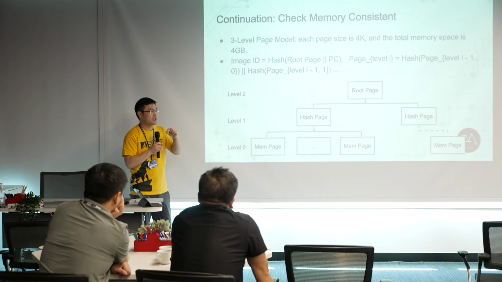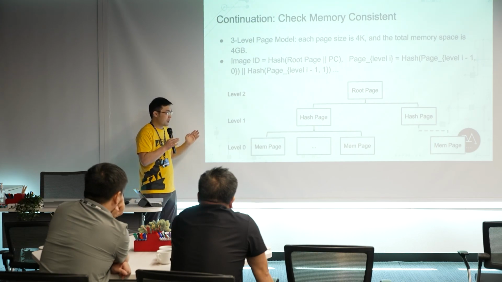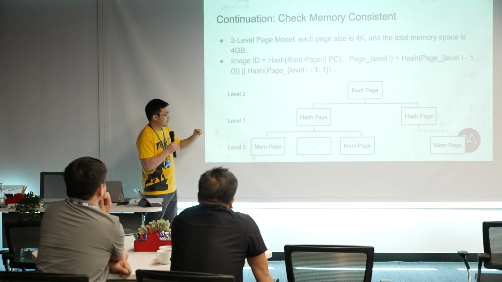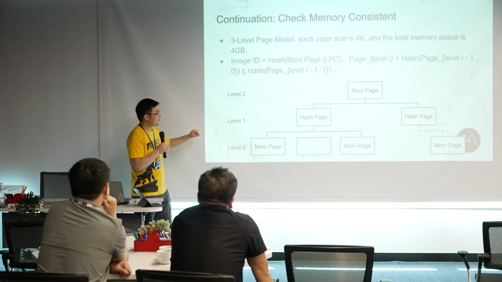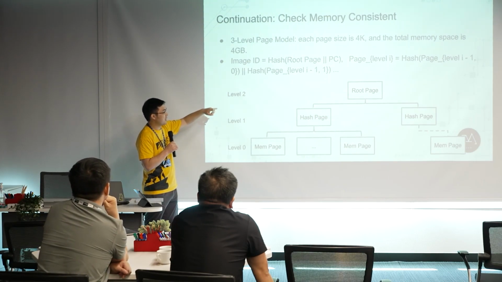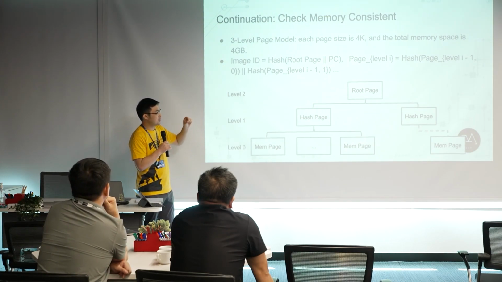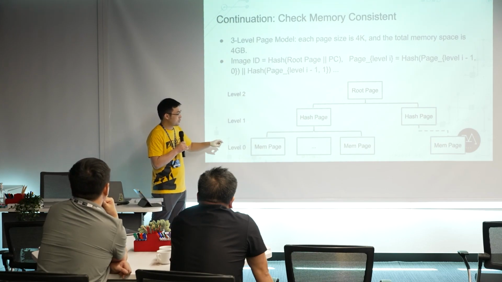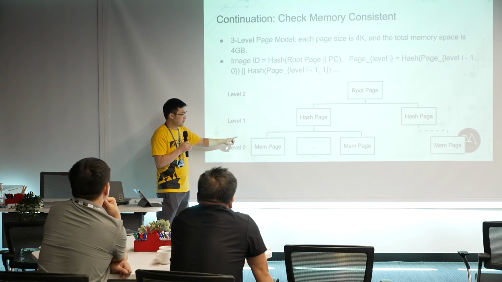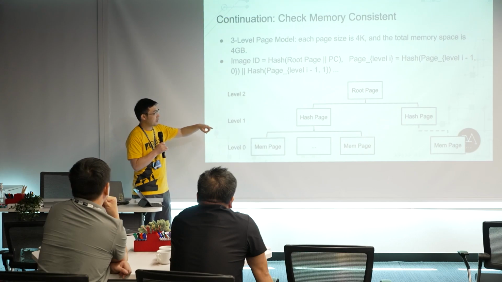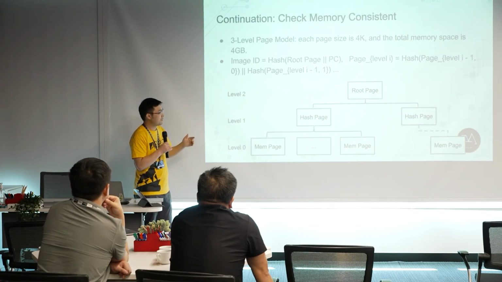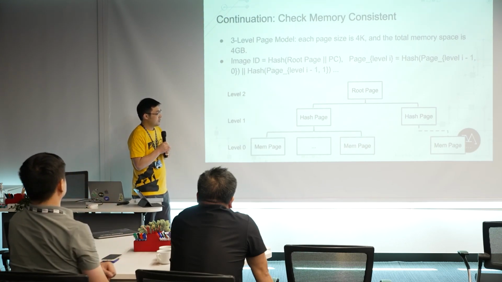That means we only change a small amount of the values for some addresses. So when we calculate a new image ID for each segment, we just need to update part of the pages, and then we calculate the new image ID for the segment.